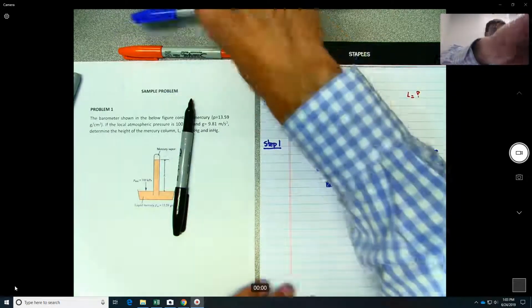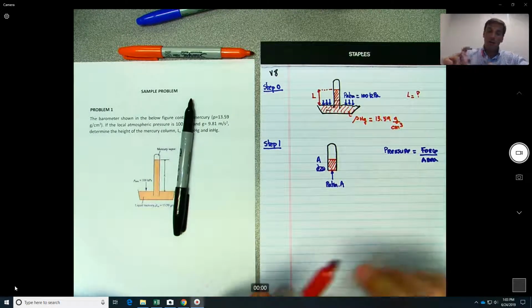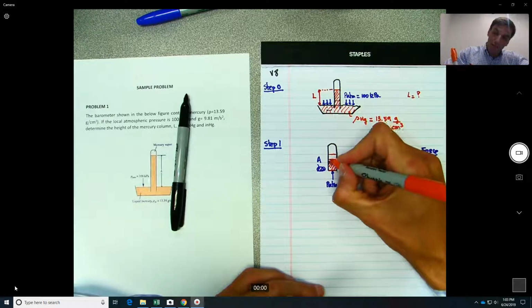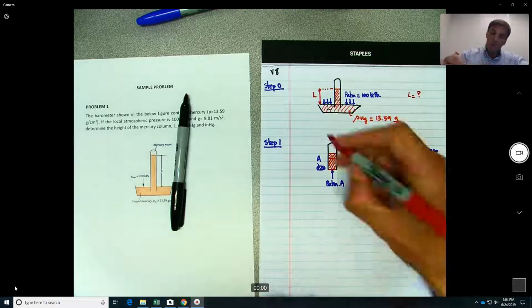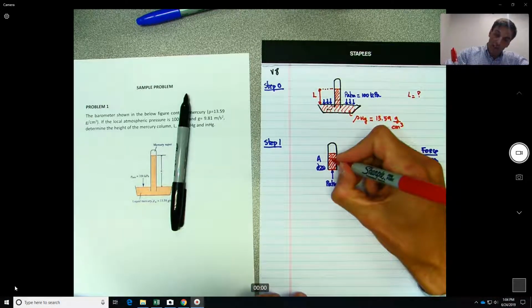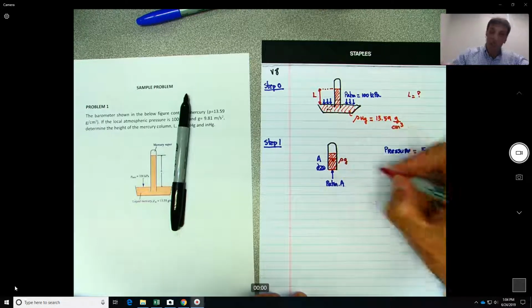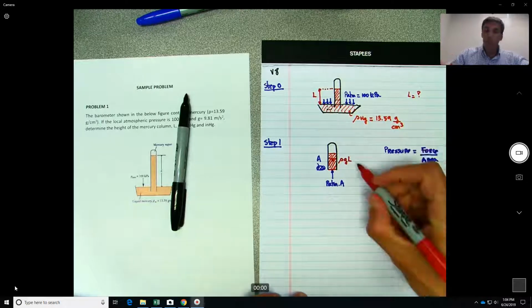And now we need to find out what is the pressure created by this column of mercury. So maybe let me just expand it a little bit more, might be a little bit easier. So now, if we look at the gravity, it will be g. So it will be rho g times L will be the value of the pressure.